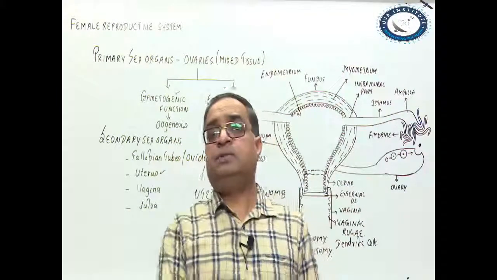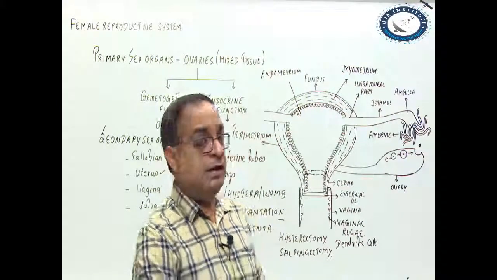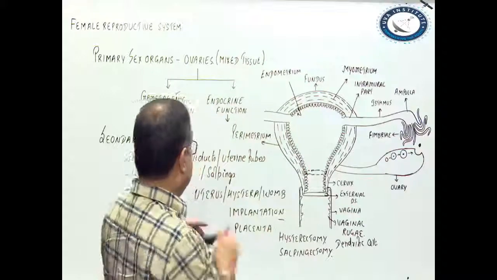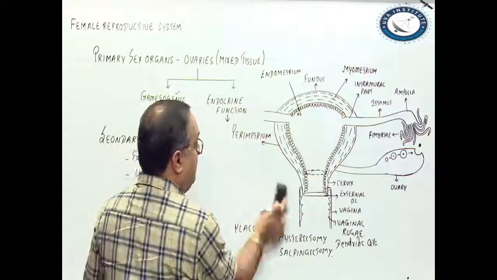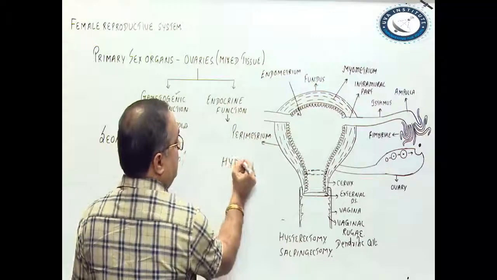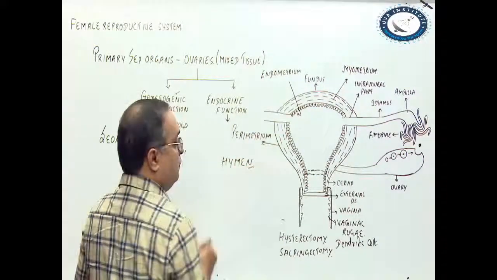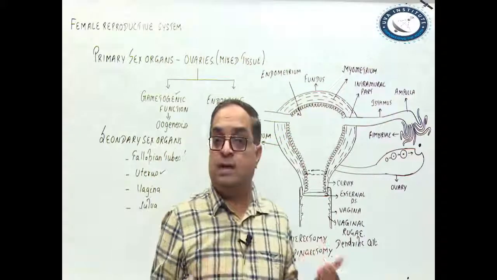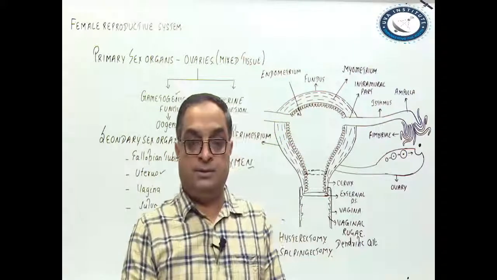The external opening of the vagina, that is the vaginal orifice, is guarded by a perforated membrane. That membrane is called hymen. The pores allow the flow of the menstrual blood.